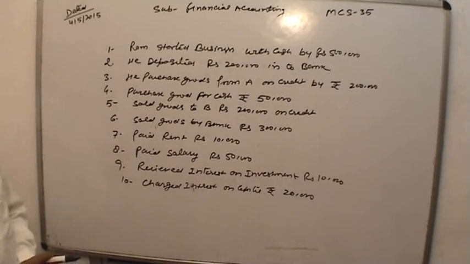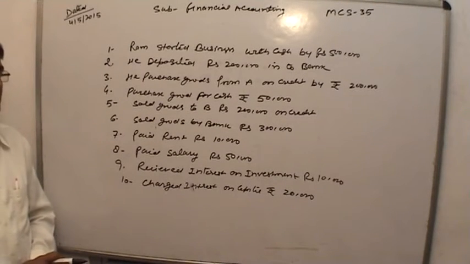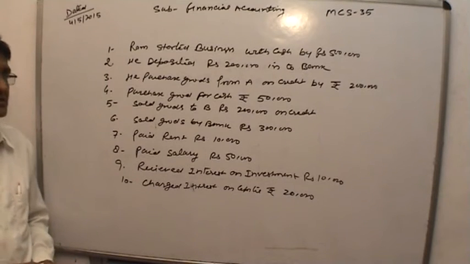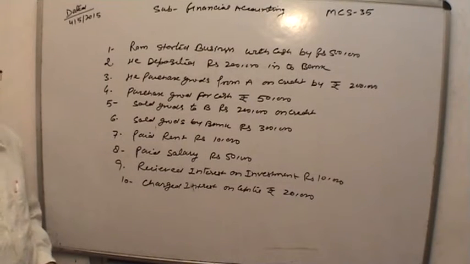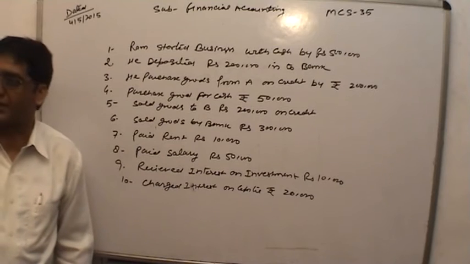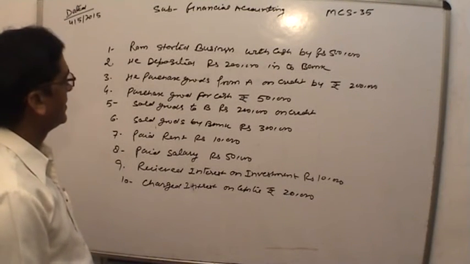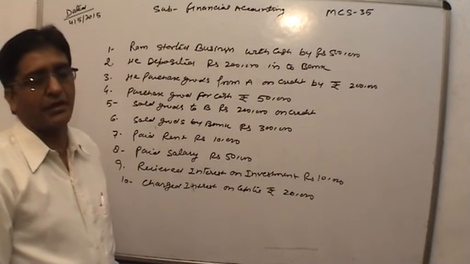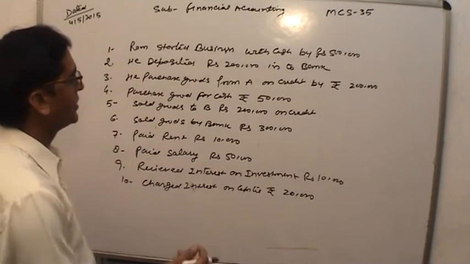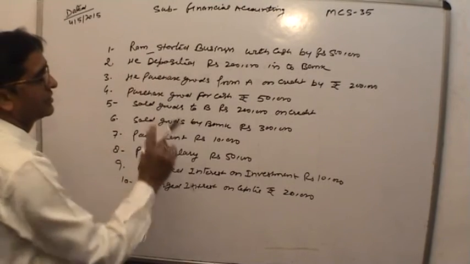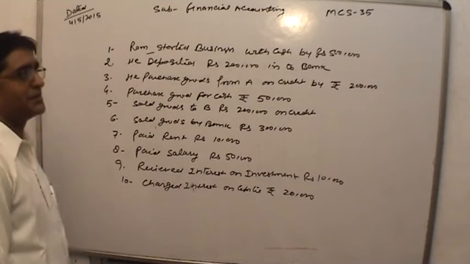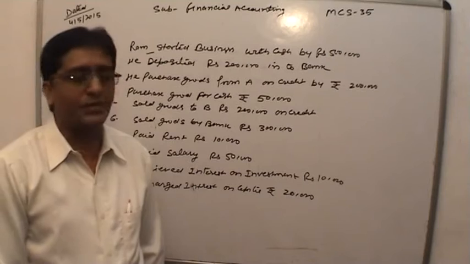This is 10 transactions, and how these are generalized by using the golden rules of accounting, and these transactions are generalized into the journal by using the golden rules of accounts. Like first transaction, Ram started business with cash rupees 5 lakh.